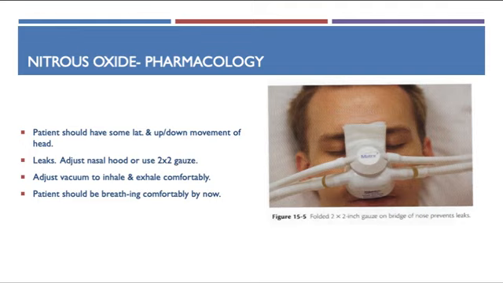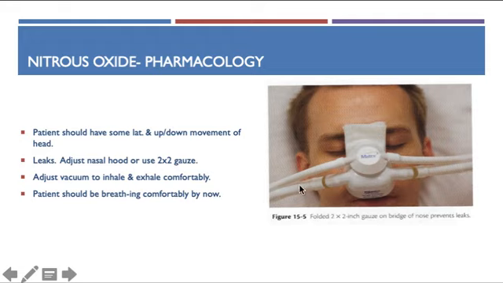Make sure to adjust the vacuum system, and with our systems here at the school, that's done somewhat automatically for you, but adjust the vacuum system to inhale and exhale comfortably. And that vacuum system is really part of the scavenging system. So you see here on the top, these tubes on both right and left sides deliver the nitrous oxide mixture with oxygen into the nasal hood.